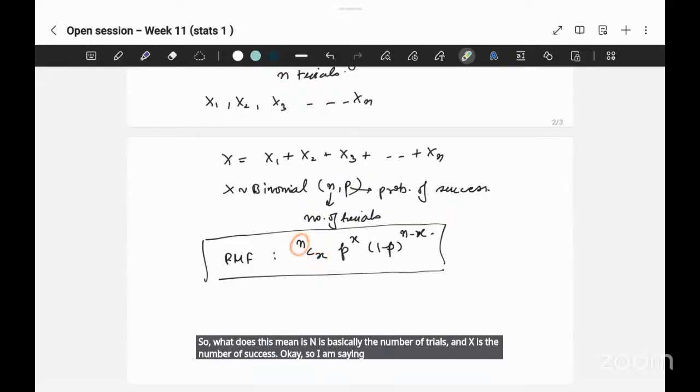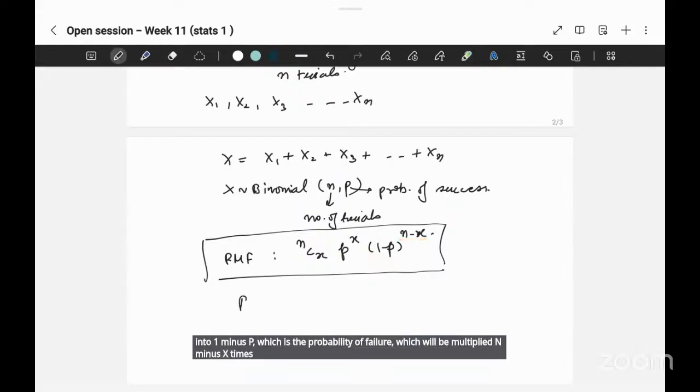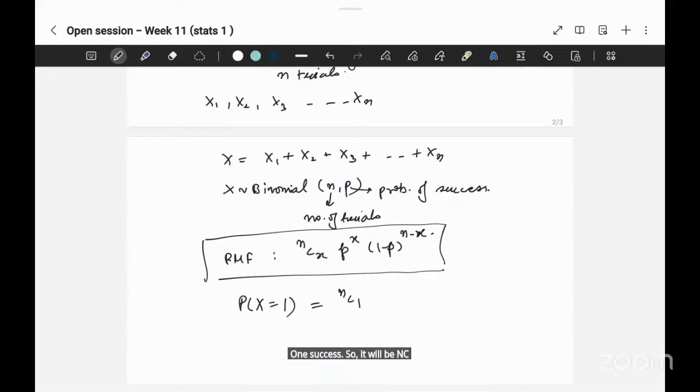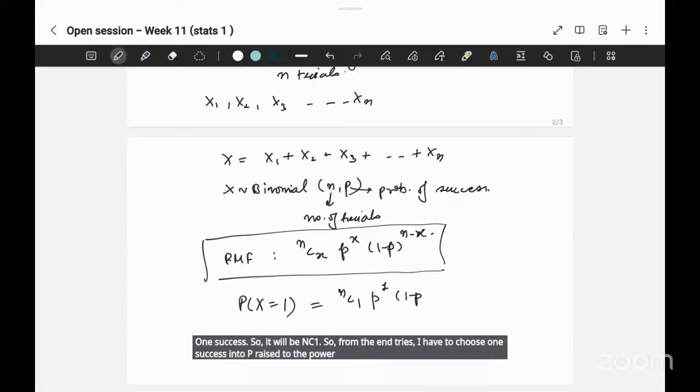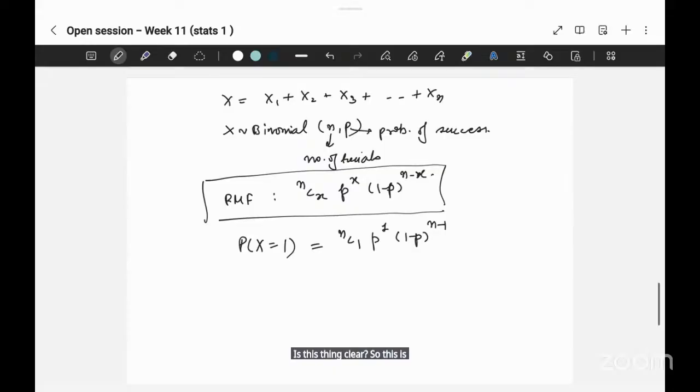From the n trials I have to choose x successes, multiplied by p, the probability of success, x times, and by 1 minus p, the probability of failure, n minus x times. So if I say probability x equals 1, that means I have one success. So it will be NC1: from the n trials, I choose one success, times p raised to the power 1, times 1 minus p raised to the power n minus 1. Got the point? Yes, ma'am. So this is my binomial distribution.